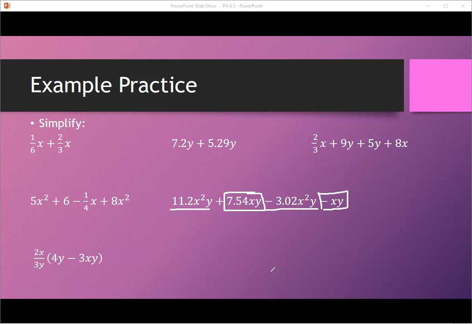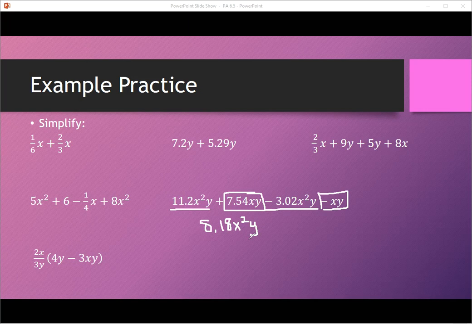So I'm first going to start putting my x squared y's together. So I'm going to say 11.2 take away or plus negative 3.02, which will give me 8.18 x squared y.